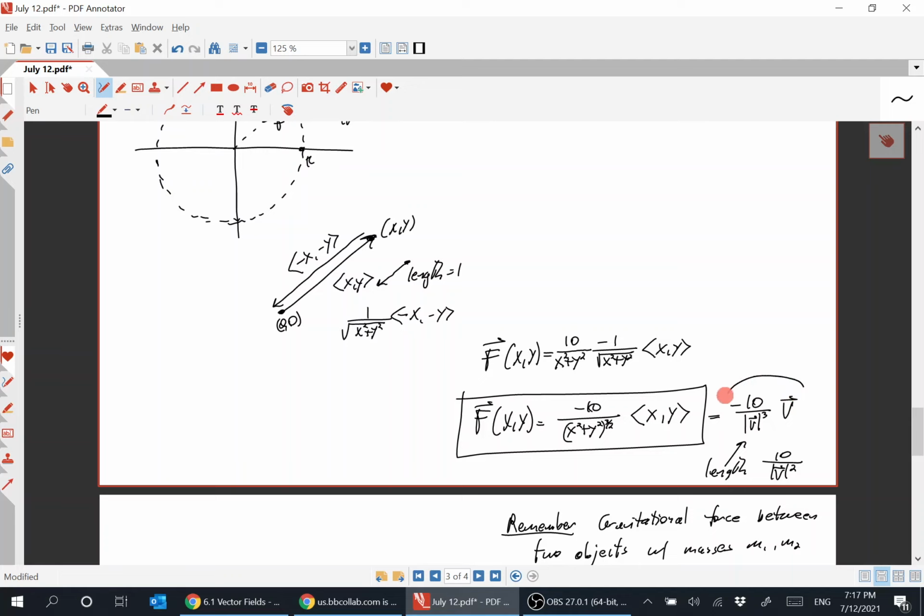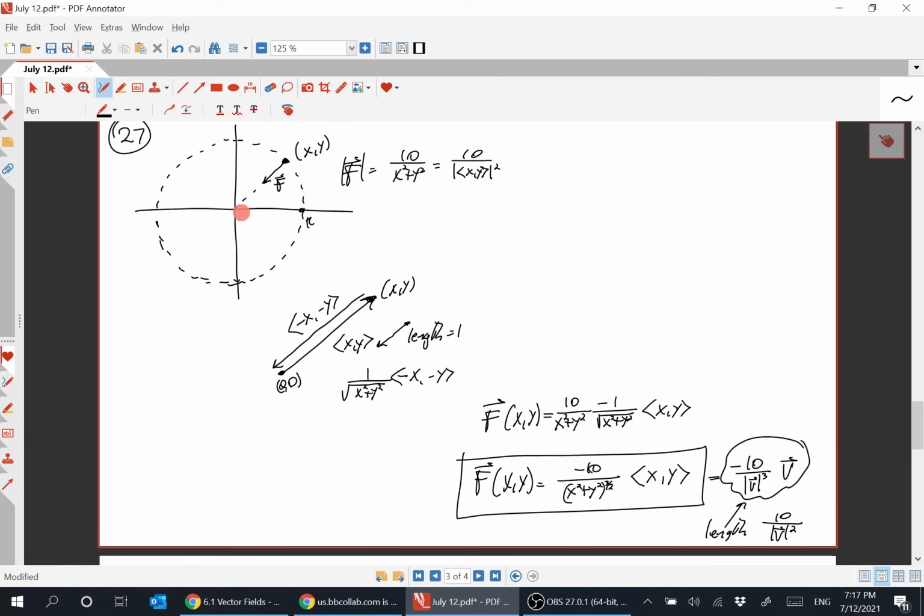The force at any given point points towards the origin. So you have this mass in the center, and at any given point you've got some gravitational attraction of a mass at this point pointing towards the origin, where that first object is. Like, this is the Earth and that's a satellite, or this is the sun and that's the Earth, or the moon and the Earth.